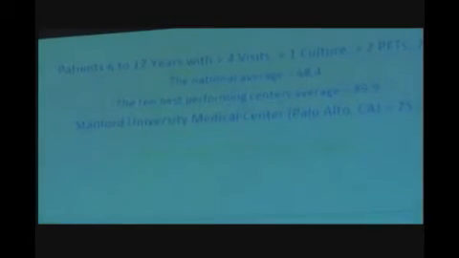This metric has been watched very closely by the CFF, because it's part of the care guidelines that kids with CF need to be seen with a certain frequency. And what we're seeing right now is that we have reached a really good point. About 75% of our patients are being seen in the clinic at least 4 times a year.